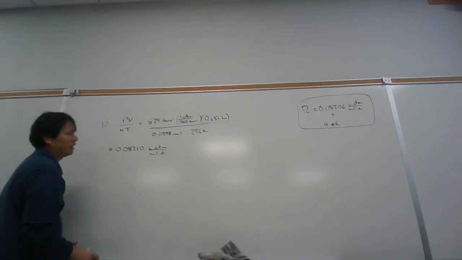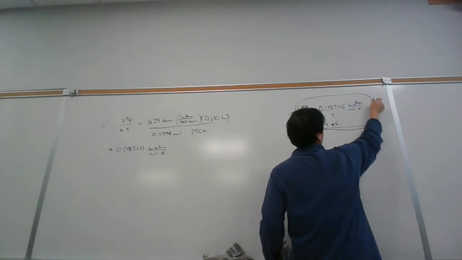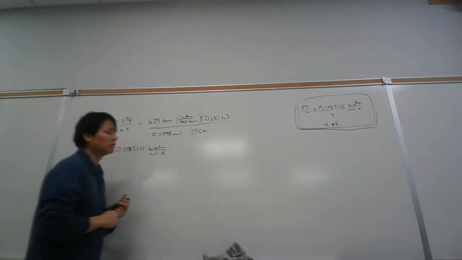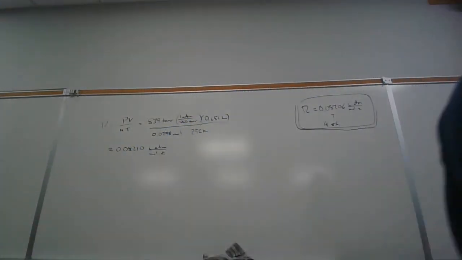What we need to do is average a huge number of these. We can also get this theoretically, but from an experiment, we take a large number of measurements and then average them.